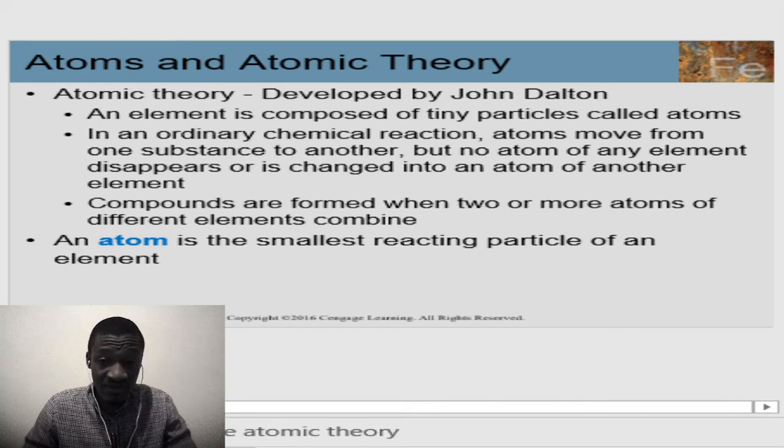Now we're speaking on atoms and atomic theories. I think I asked this question in class as well. I want you to think about what theories are, so that you better understand that the theories we're going to be looking at were postulated by individuals who did not have any clue as to what atoms really are.